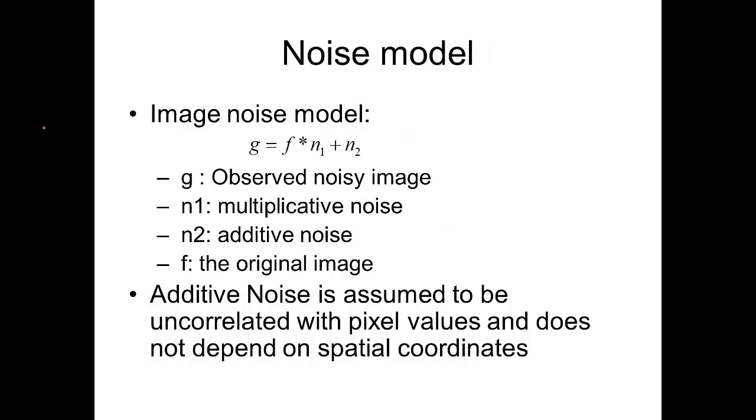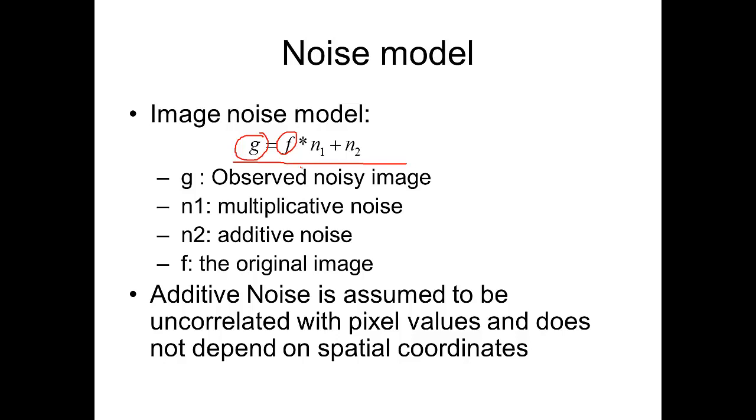In fact, there is a mathematical model for image noise. This just shows the math equation. This is the image you get through the image equipment. This is the assumed image without noise.